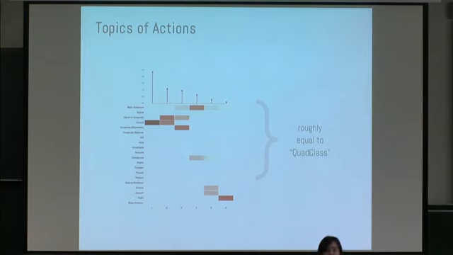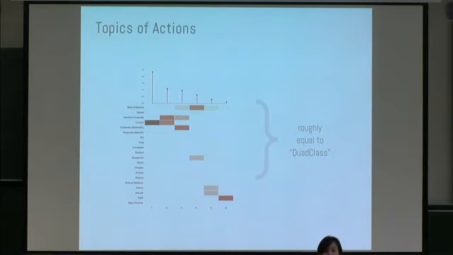So topics 1, 2, and 3 place most of their mass on verbal cooperation action types. Topic 4 places most of its mass on verbal conflict action types and the neutral make statement action. And then topics 5 and 6 place their mass on material conflict action types.